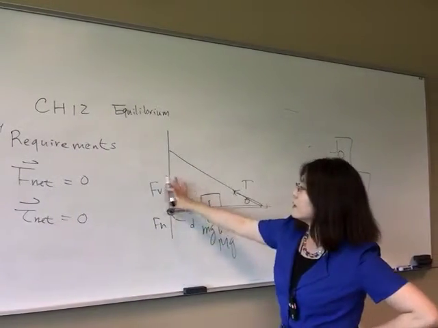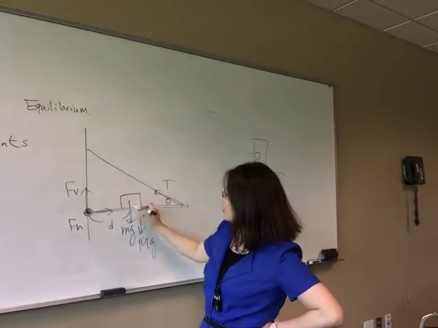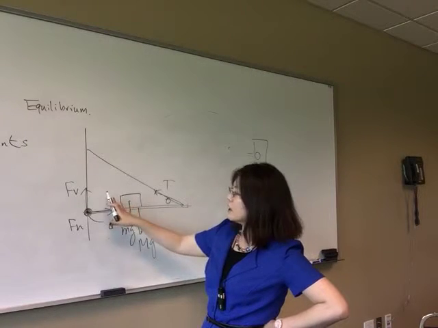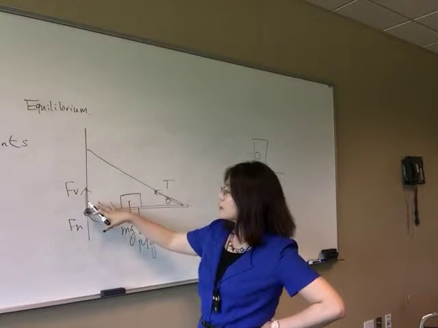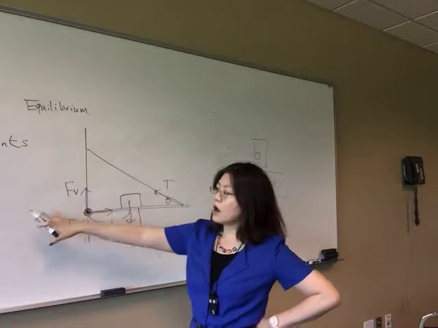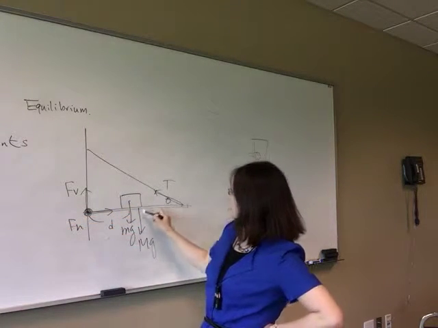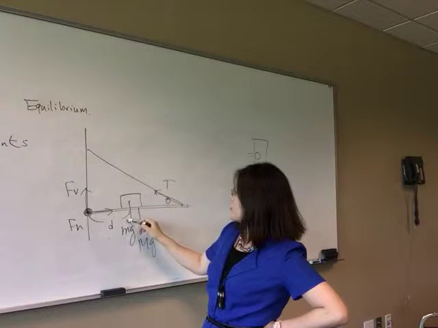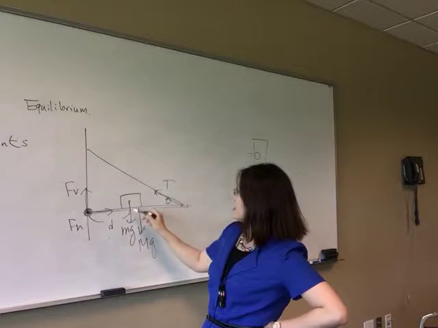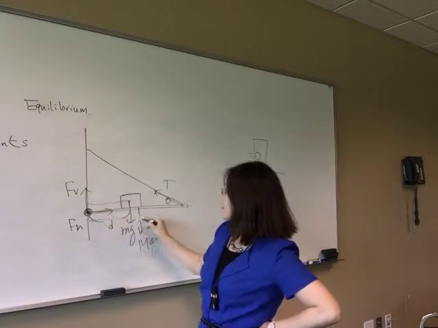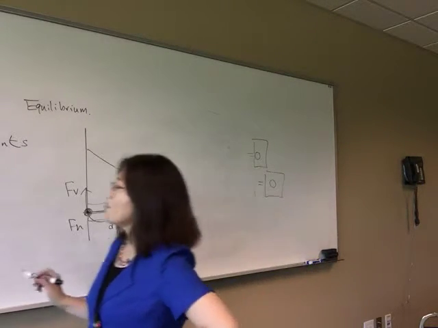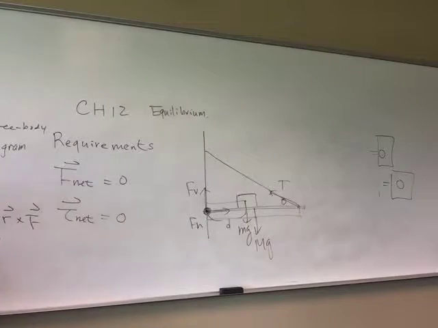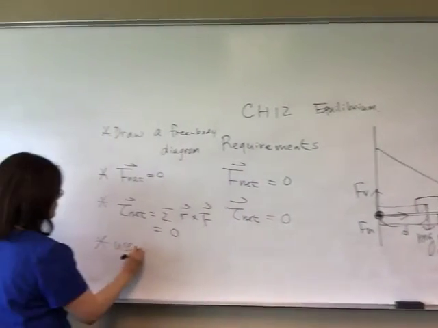So you leave these two forces out of the equation, you don't have to even consider them in these equations. And then the forces you will have to consider are this, and this is the moment arm, this is the moment arm, and this is the moment arm. Okay, and then you have to use your right hand rule to determine the direction. So use the right hand rule.